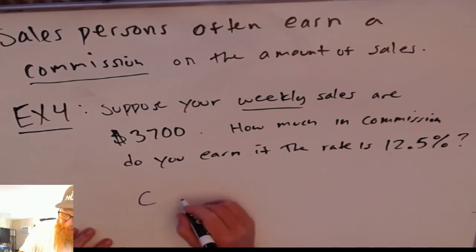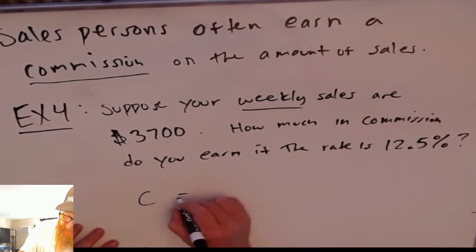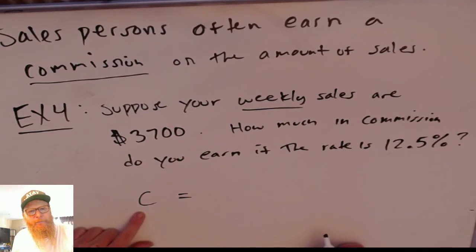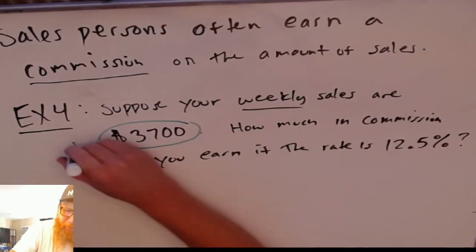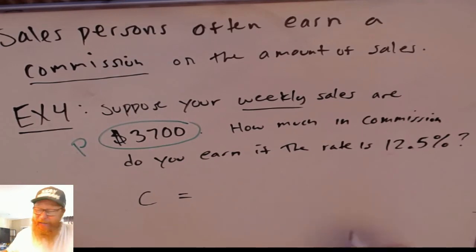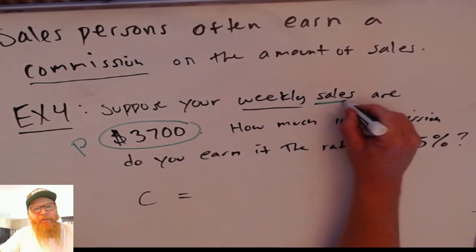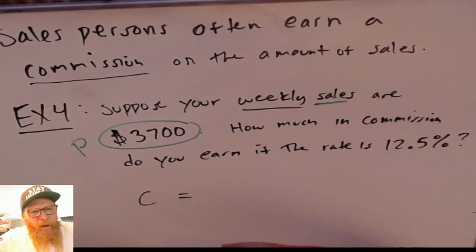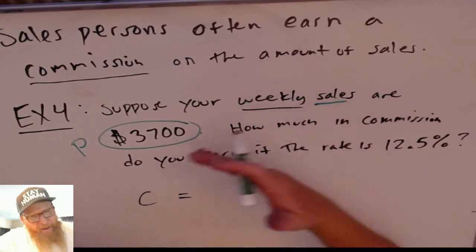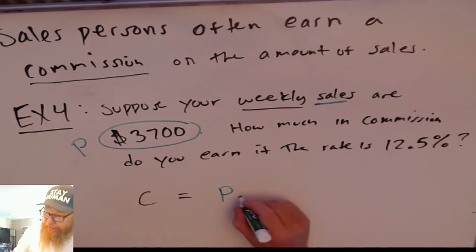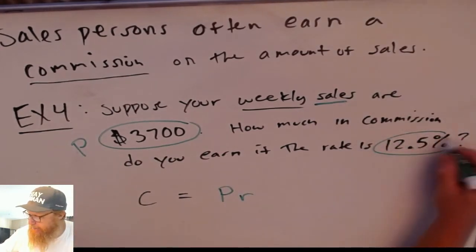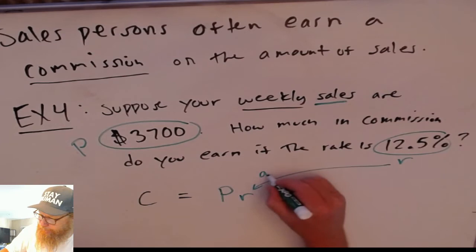So commission is C, yeah, and it's the same as tax, yeah. It's the amount of sales, which I'm going to call P, not S. I know that drives people nuts, but think of it as how much they've produced. Yeah, they have produced $3,700 in sales times the interest rate as a decimal.